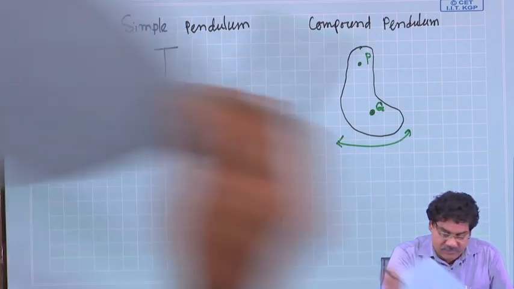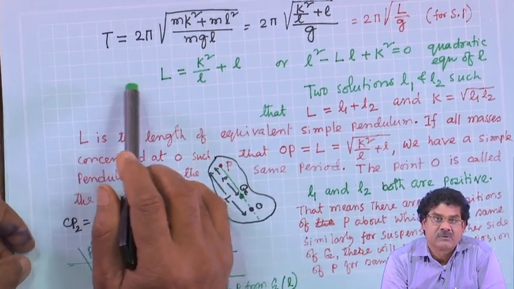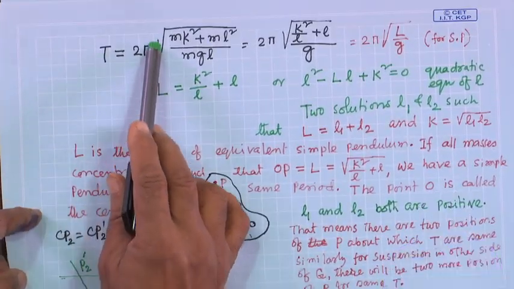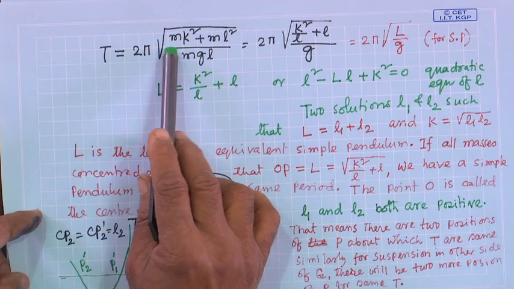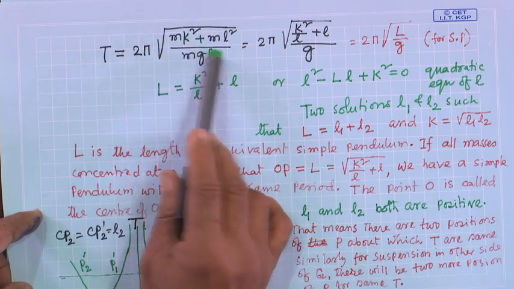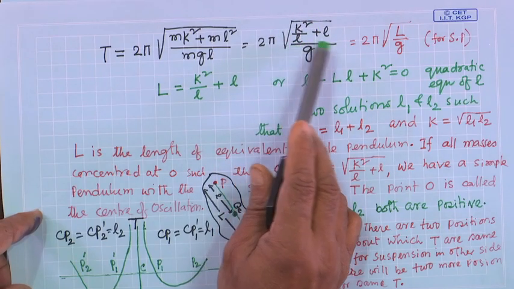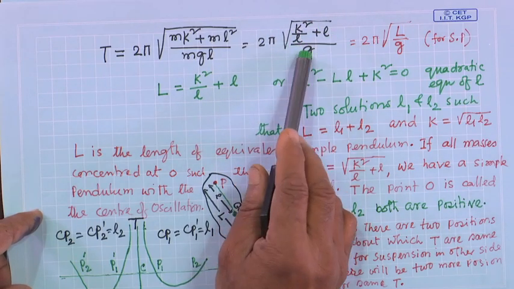So, we know that T equals 2 pi, where I is replaced by m k square plus m l square, divided by m g l. From here you can write T equals 2 pi square root of (k square by l plus l) divided by g.